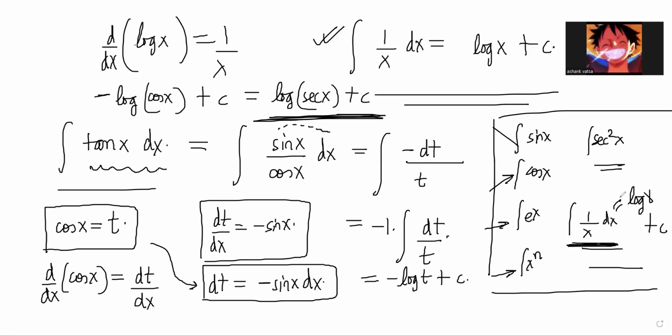So all the methods that we will have, and especially the substitution method, is about being smart and changing the variable in such a way that it becomes a nice integral. So here in sin x by cos x, we changed by looking at cos x as t because it made sin x dx as dt, and it became dt by t, right?